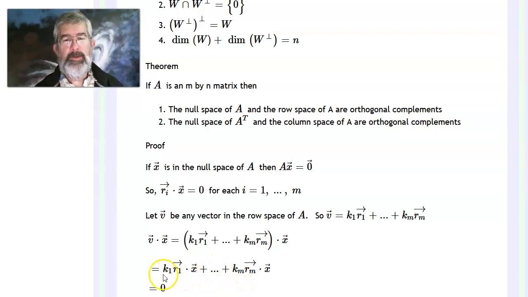So this is 0 times k1 plus 0 times k2 all the way up to 0 times km, and that would be a grand total of 0. So yes, everything in the null space is orthogonal to everything in the row space, and they are orthogonal complements.